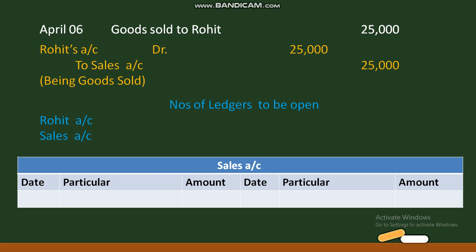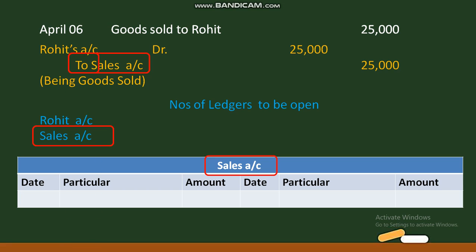Then the next transaction was the same, but on the basis of this transaction we have to prepare the sales account. So now we have to put the heading sales account, and in the transaction we have to check whether sales is debited or credited. Here you can see sales has been credited, it means credit of sales account. So we have to record this transaction on the credit side of the sales book.